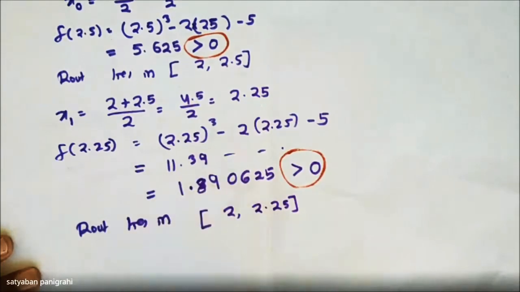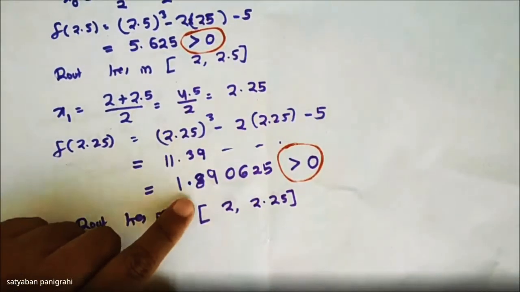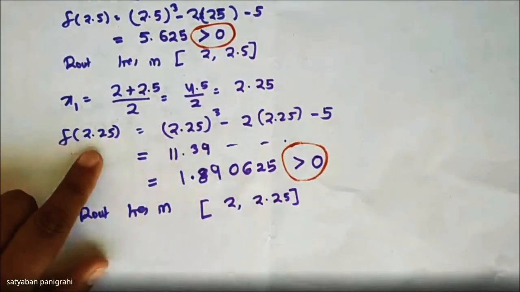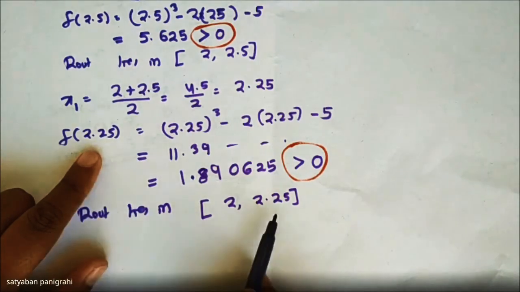This is the function value; 1.89 you are checking for the function being positive or negative. Where will the root be? a, b, x0, x1, x2 are the roots. So the next approximation is 2.25.